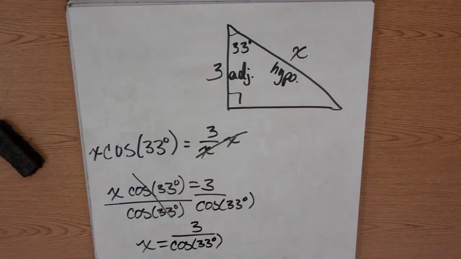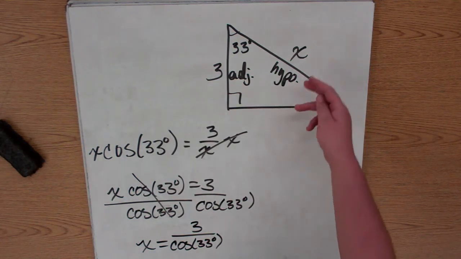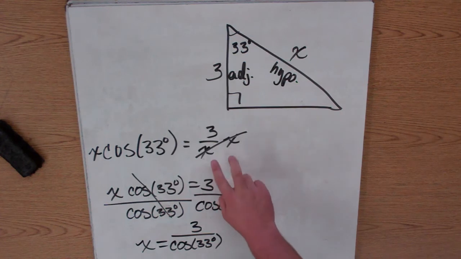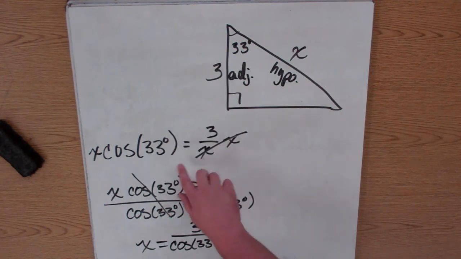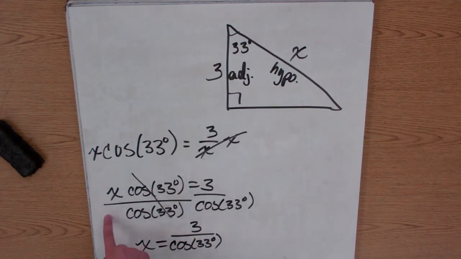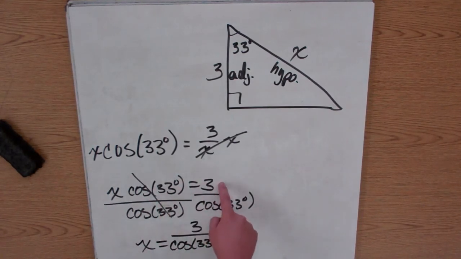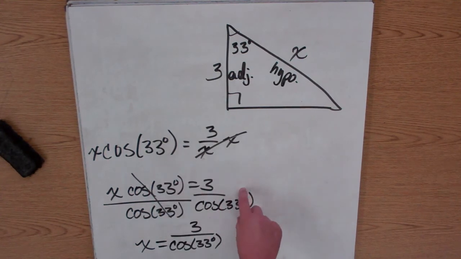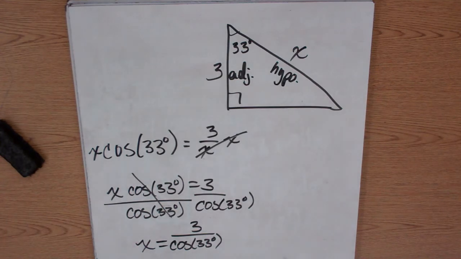So when your variable's in the bottom, you still multiply both sides by the denominator. The denominator was x, so we multiplied both sides by x. But now there's one extra step, because now you have x times the cosine of 33 equals 3. So you have to divide off the cosine of 33 degrees to get x equals 3 divided by the cosine of 33.